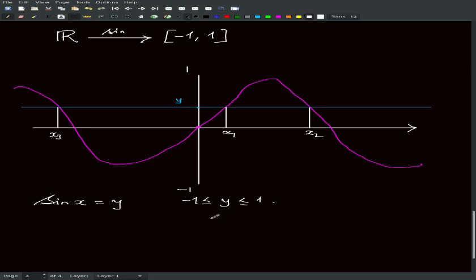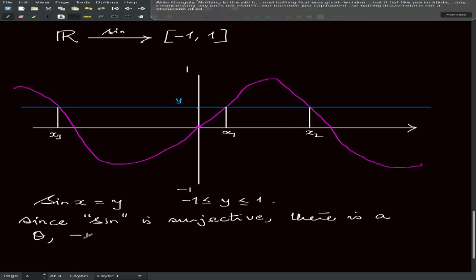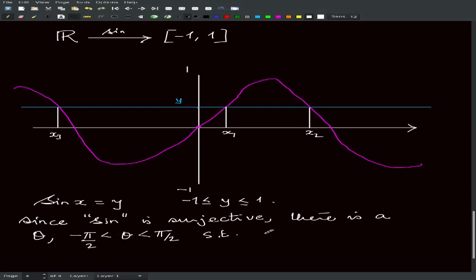Now, assuming this fact, since sine is surjective, there is a theta, say between -pi and pi, such that y is sine theta.